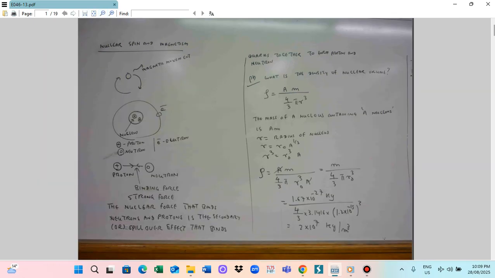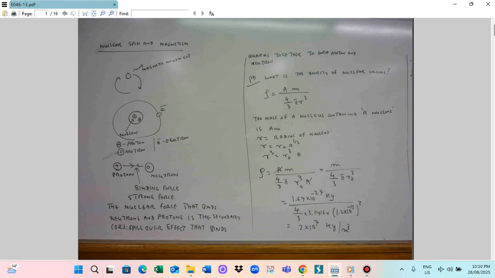So there are forces between the neutron, proton, and neutron in the nucleus at the center. The nucleus includes a positive proton, and zero charge is the neutron.